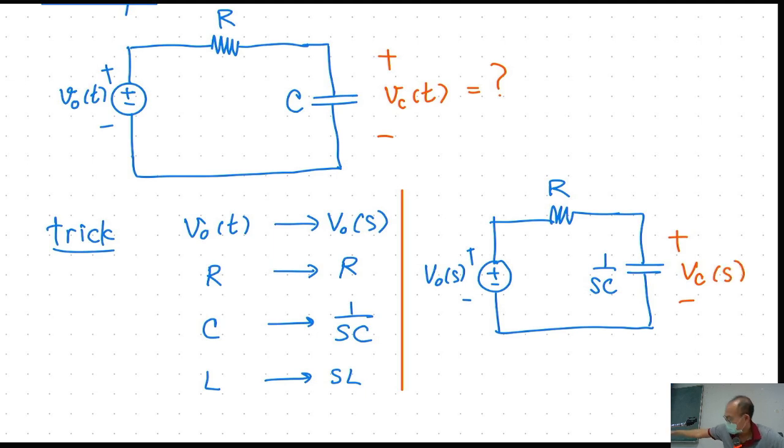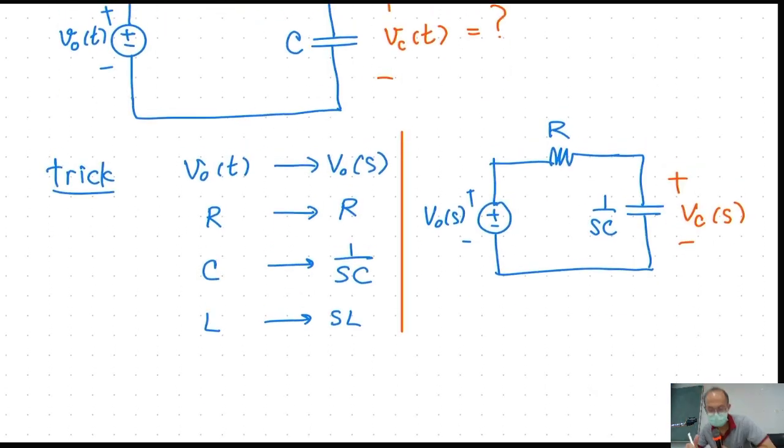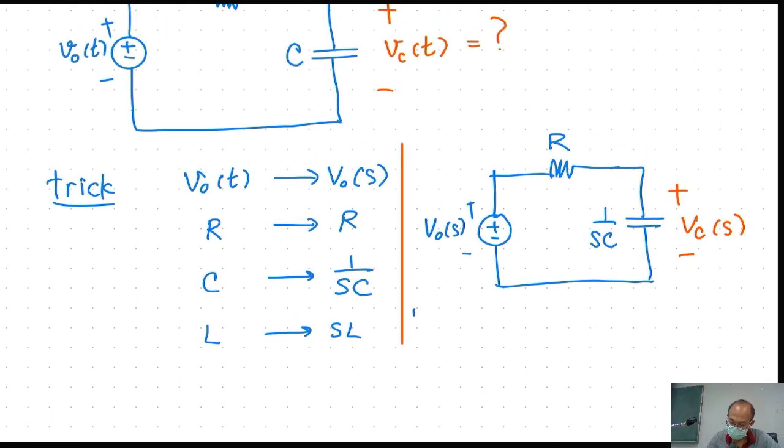Now this circuit is in the S domain, and then we will use these values as resistances. So if you would like to find the voltage across this guy, we're just going to do voltage divider.